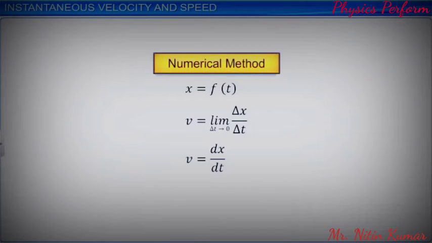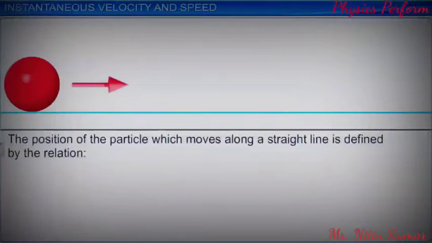The position of a particle that moves along a straight line is defined by the relation x is equal to t cube minus 6t square minus 15t plus 40, where x is expressed in meters and t in seconds.